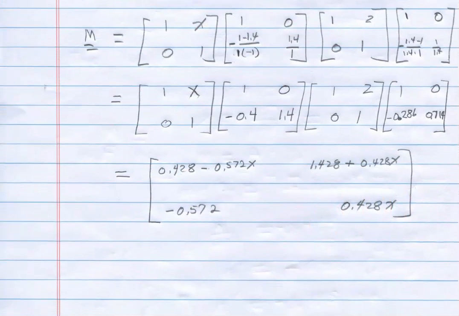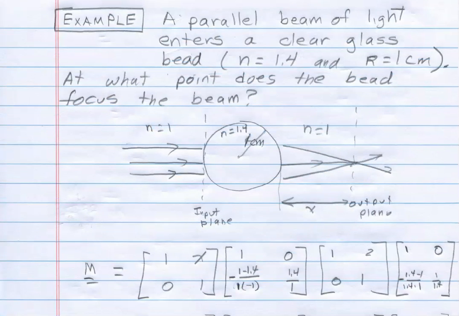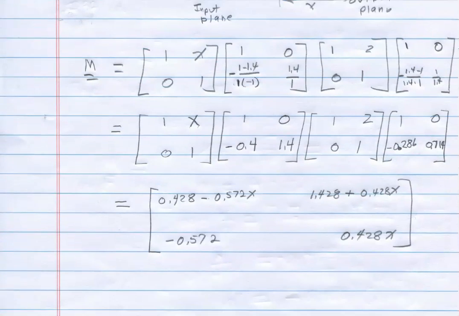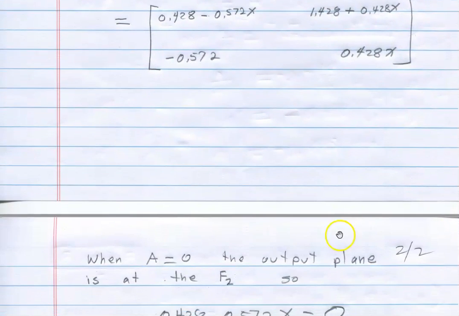And now I'm ready to take my condition for where this focal point is. If you remember, when A is equal to 0, the output plane is at the secondary focal point. And that's exactly what we have here.